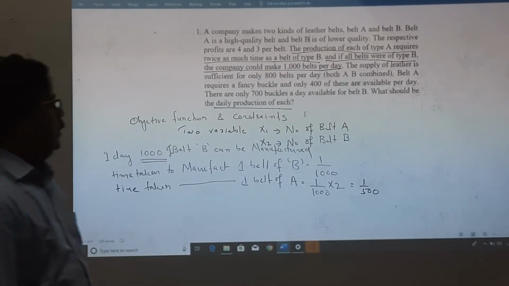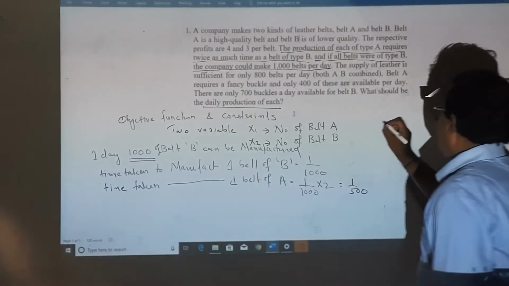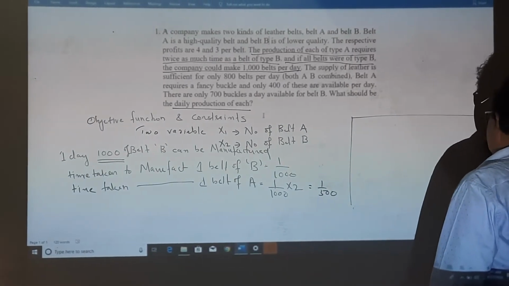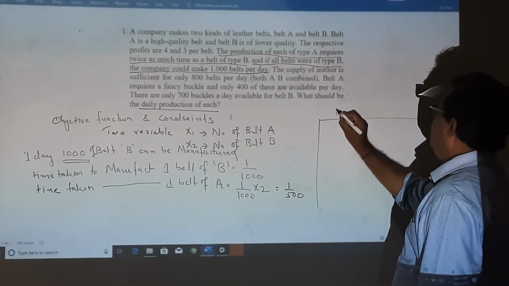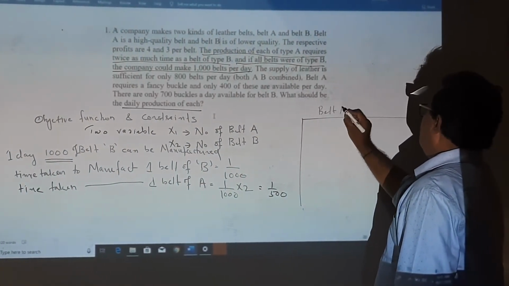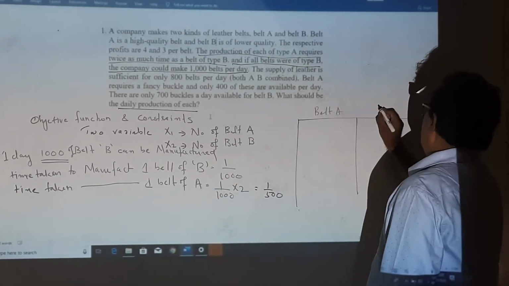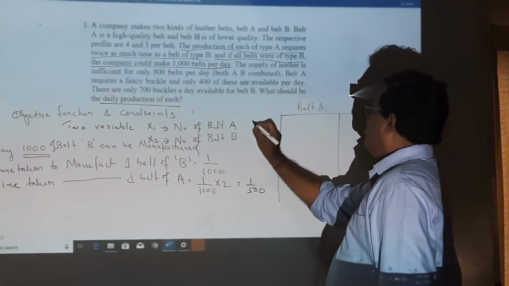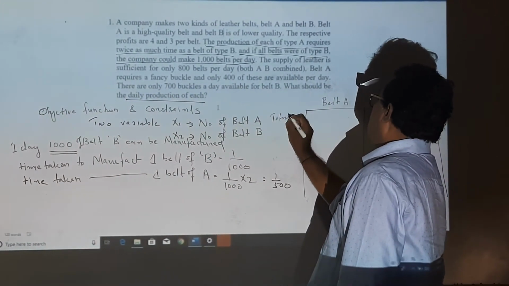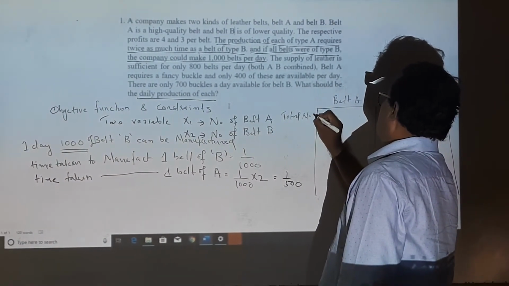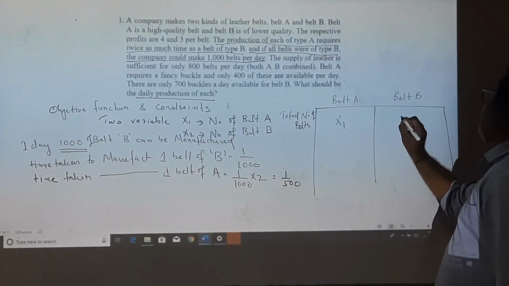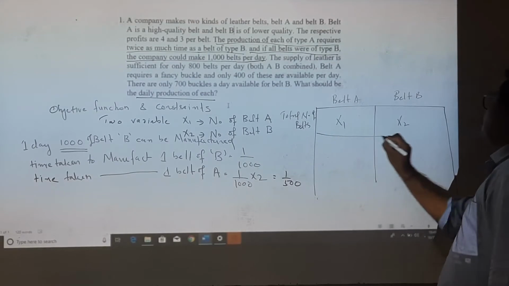Now we require a table to be made. Here we will write belt A and here it will be belt B. Total number of belts will be x1 and x2.